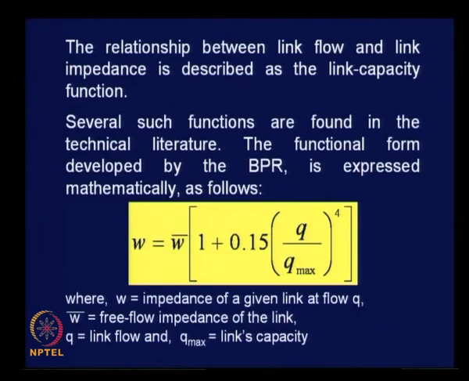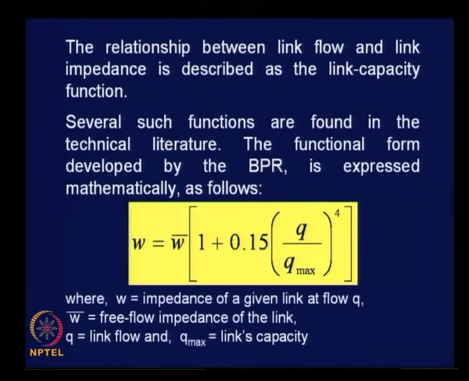These numbers are the result of calibration of this equation based on field observed data in the United States obviously. So, we can call this an empirical equation which relates the travel impedance on a link at a given traffic volume to the free flow impedance condition, which is W bar.